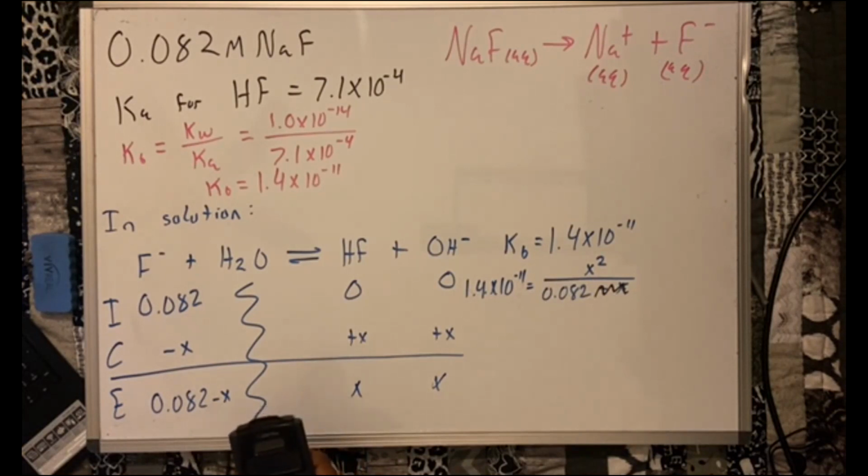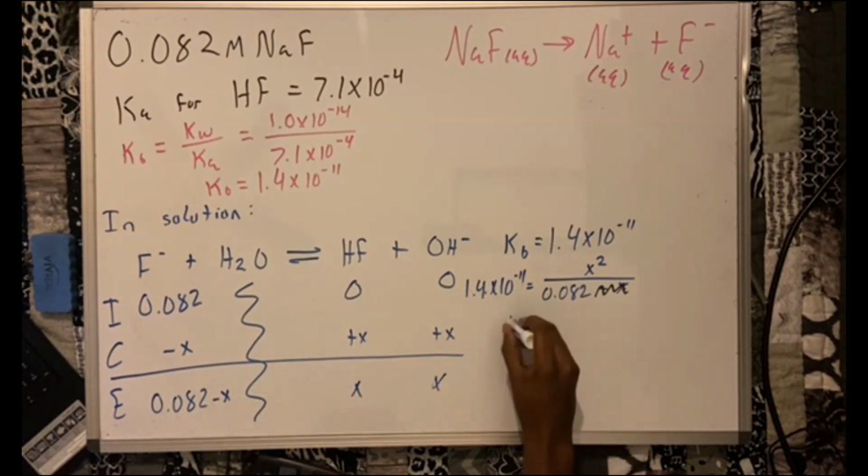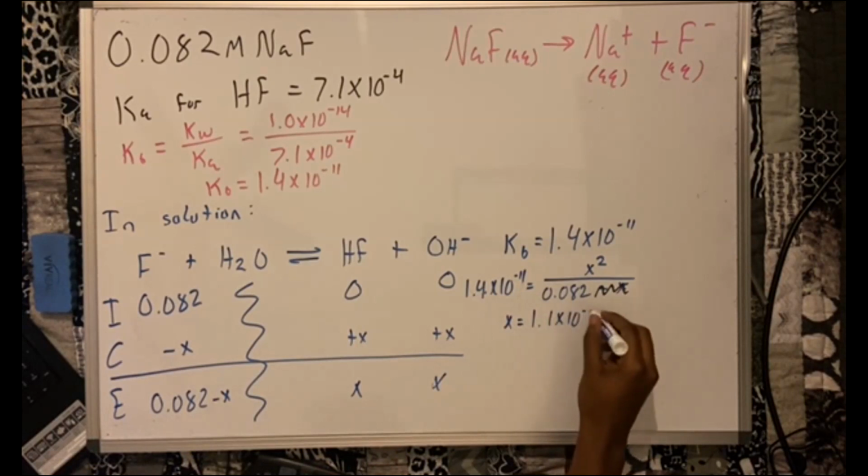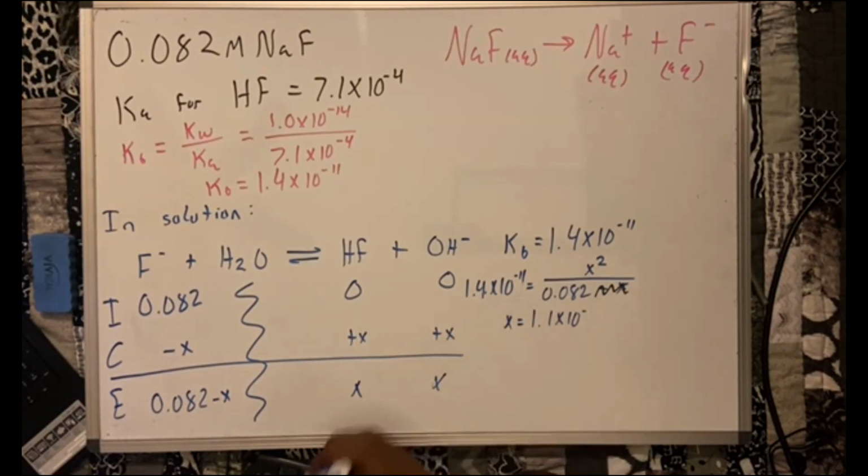So let's do this times 0.082, square root. I got x is 1.1 times 10 to the negative 6.